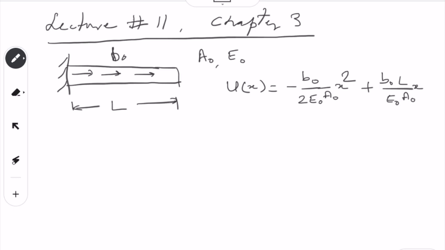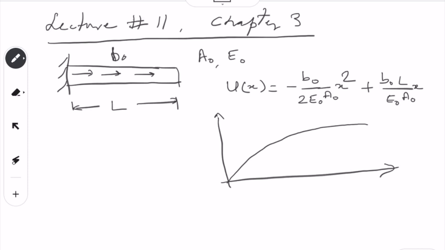Okay, and if you plot this solution, it will look something like this. So we are plotting u x versus x, and the slope here will be 0 because there is no force at the end. Force indicates the slope of u basically.